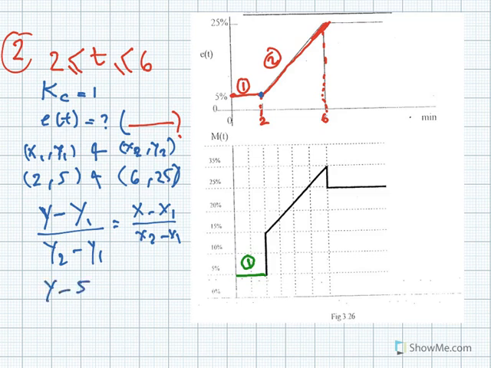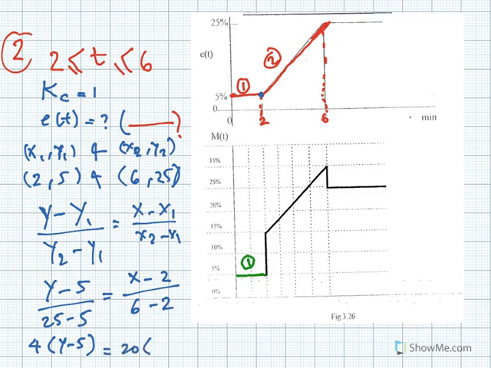So y minus 5 over 25 minus 5, which is y1, equals x minus x1, which is 2, over x2, 6 minus 2. So 4 multiplied by y minus 5 equals 20 multiplied by x minus 2.